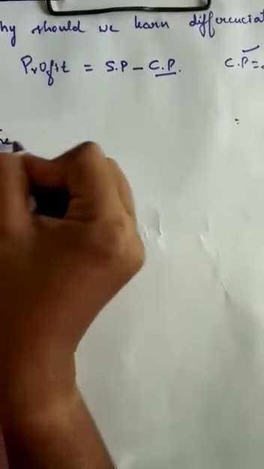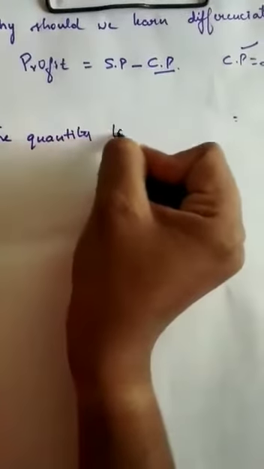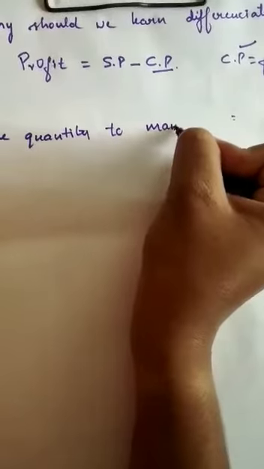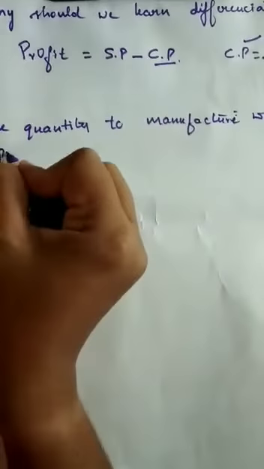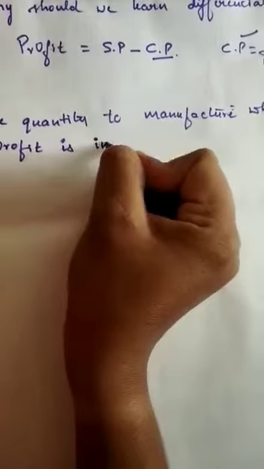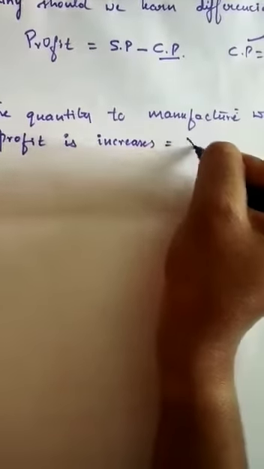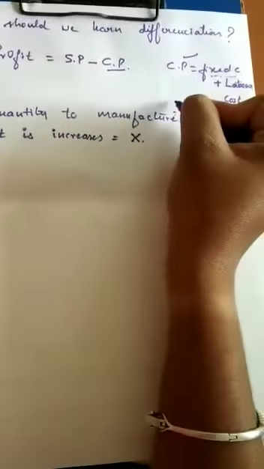The quantity to manufacture where profit increases, let us say this is X. And now find out the cost price.